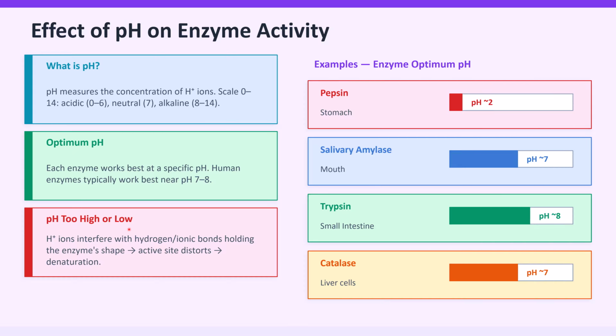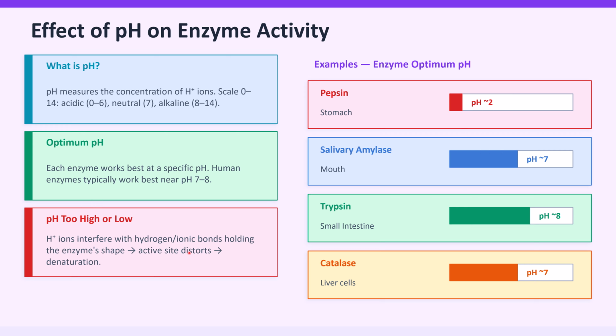If the pH is too high or low, hydrogen ions interfere with the hydrogen and ionic bonds holding the enzyme's shape. The active site distorts, causing denaturation. What happens if we move an enzyme away from its happy place?